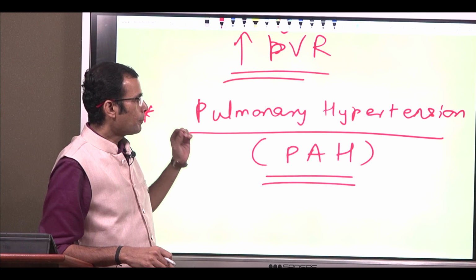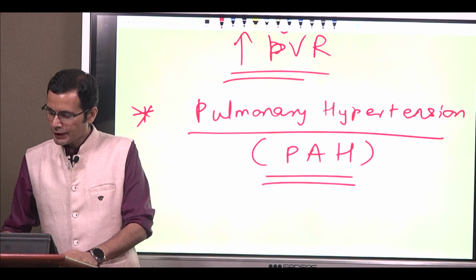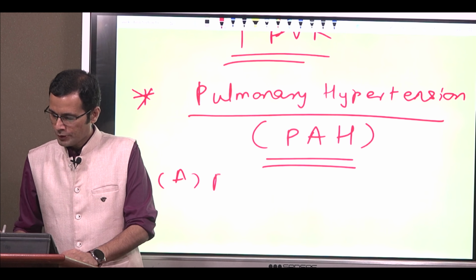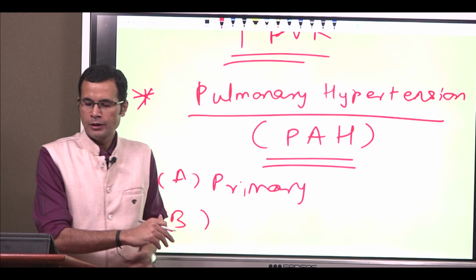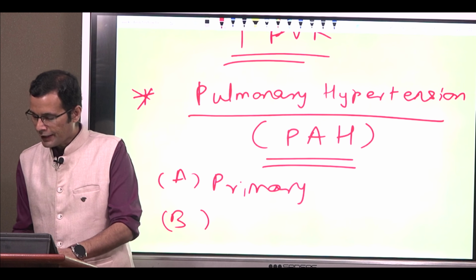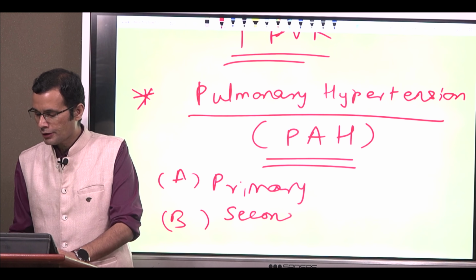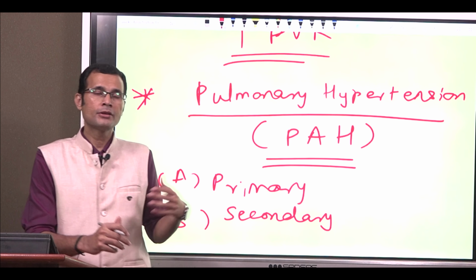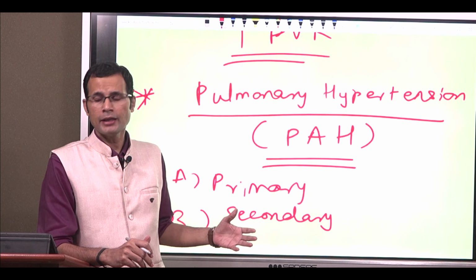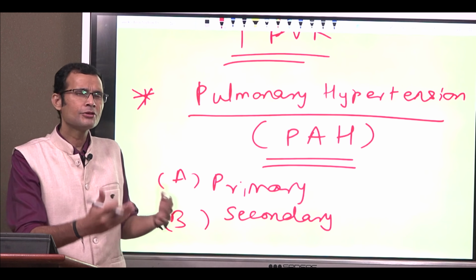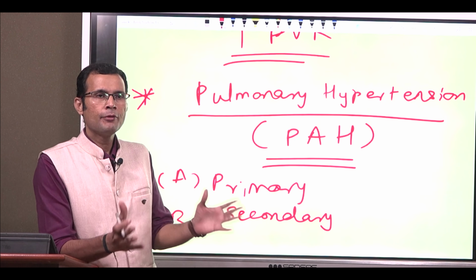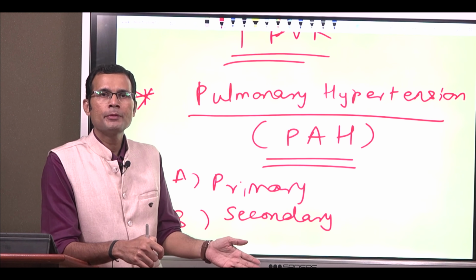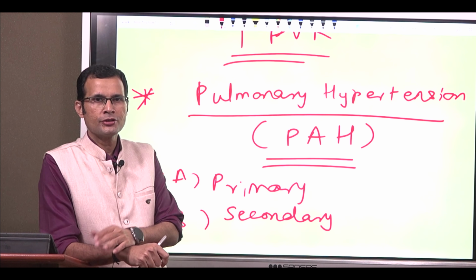One, the primary pulmonary hypertension, and two, pulmonary hypertension secondary to some other cause, some other underlying mechanism, underlying pathology. Just like systemic hypertension, where we divide it into essential hypertension and secondary hypertension.